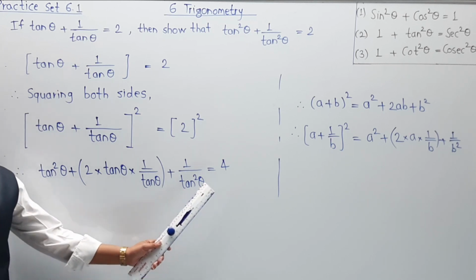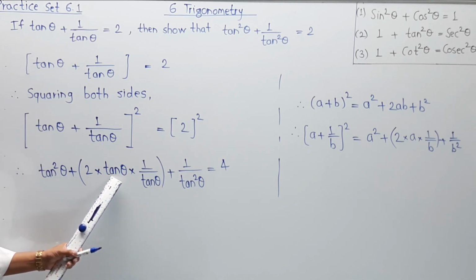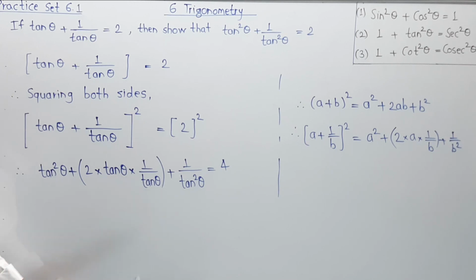Definitely after the square expansion we have to simplify, and you can observe one thing in the middle term. It contains 1 tan theta in the numerator and 1 tan theta in the denominator.